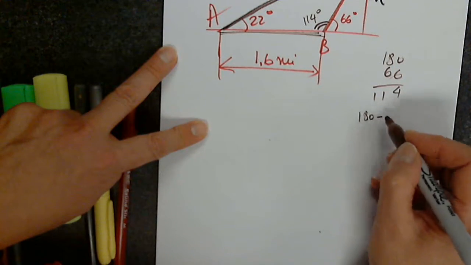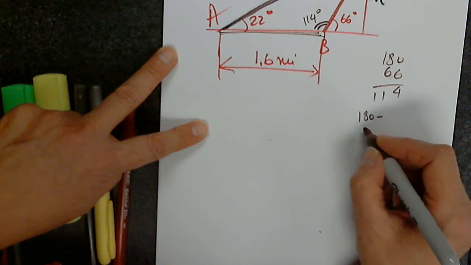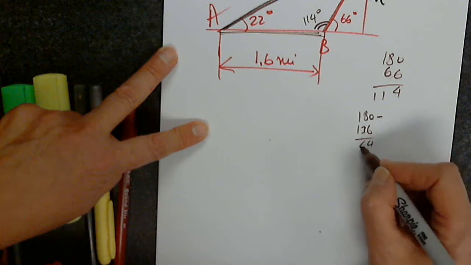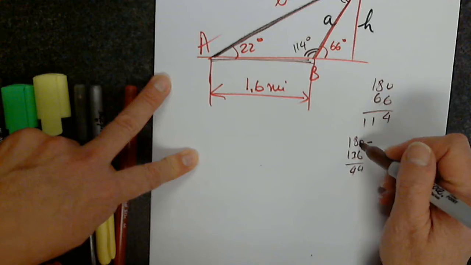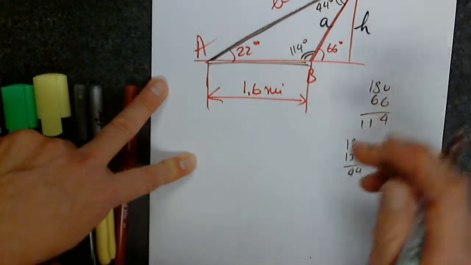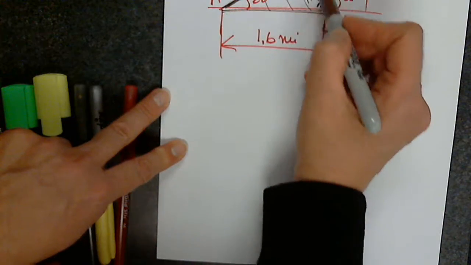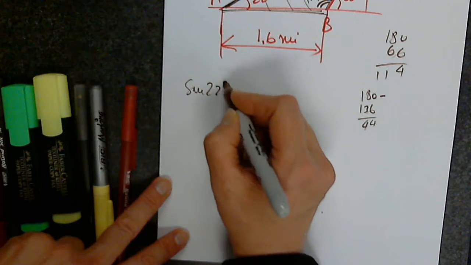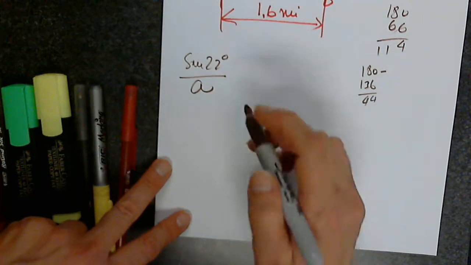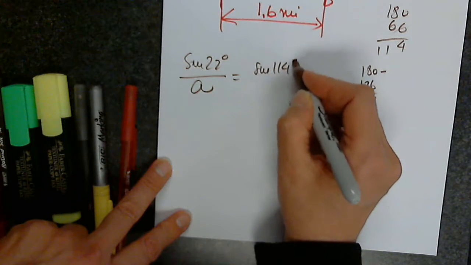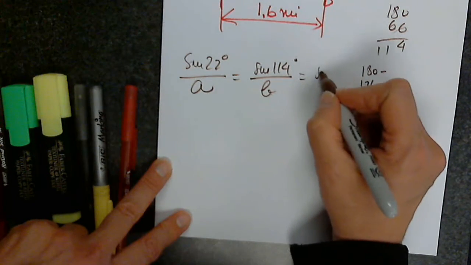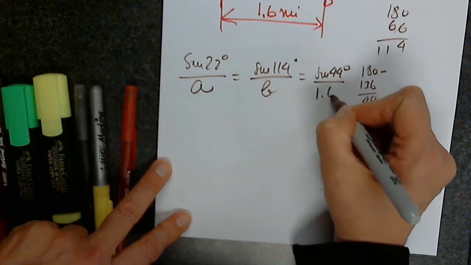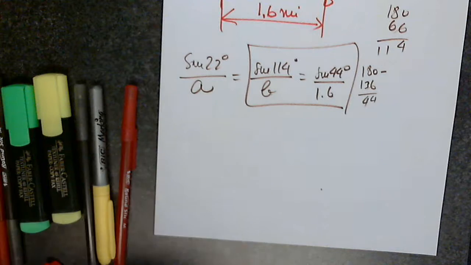Then I also know 180 minus 136, which is 44. So in this triangle I can write the law of sines: sine 22 over A equals sine 114 over B equals sine 44 over 1.6. This is the only proportion that has B in it and just that variable.